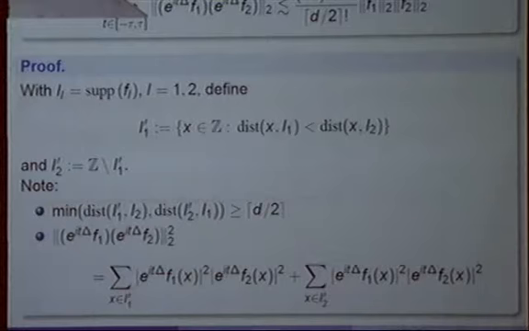And then what we are going to do is get an estimate, considering these two sums when x is in I1 prime and when x is in I2 prime, and get an upper bound for each of them. In fact, I'm going to show one, and you can get the other similarly.